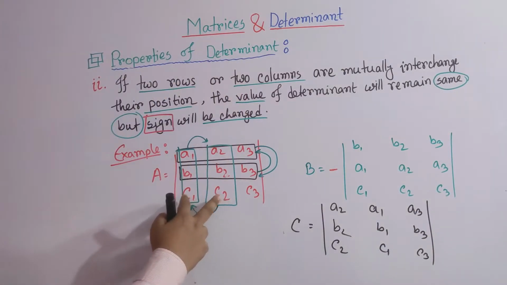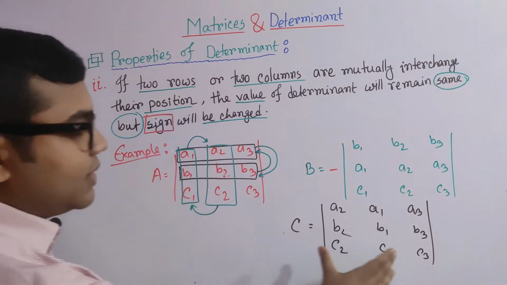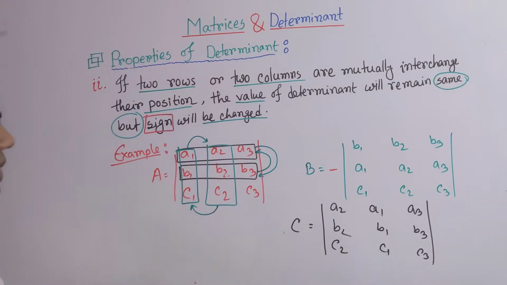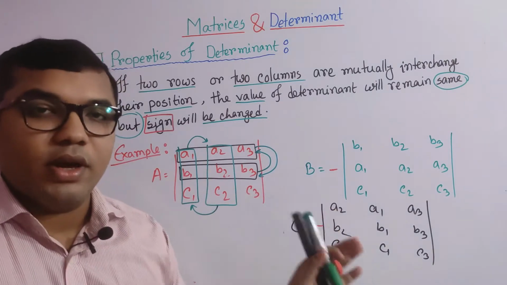So we have just changed our two columns mutually, then we'll get the same value but a negative sign.